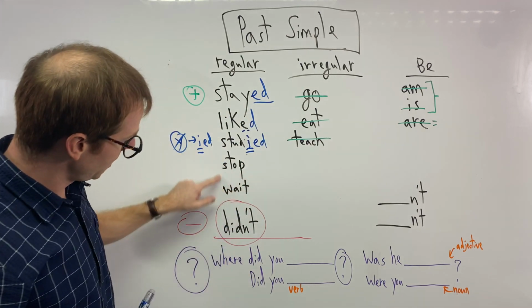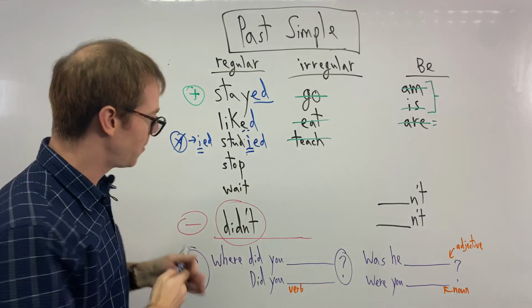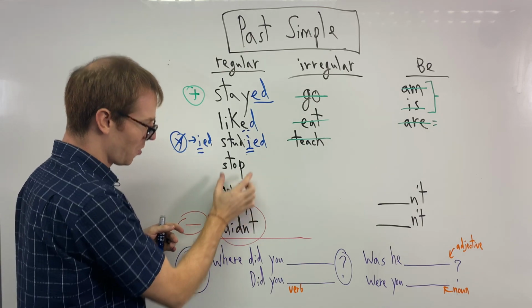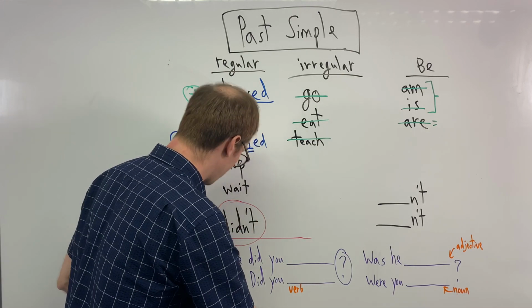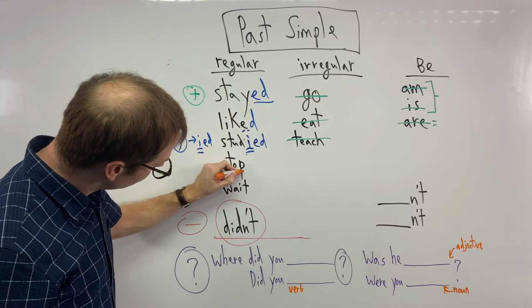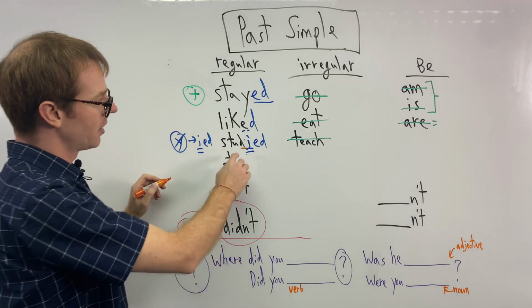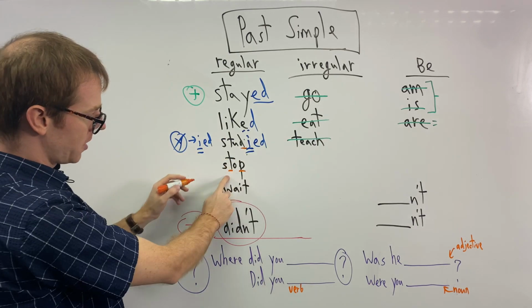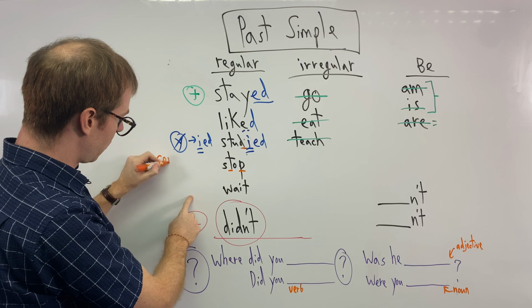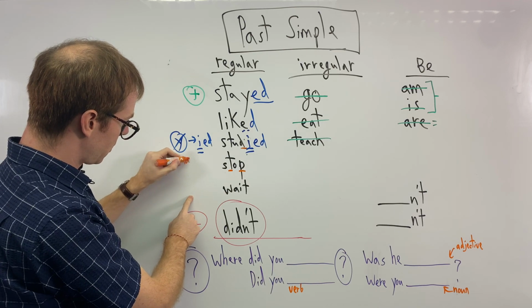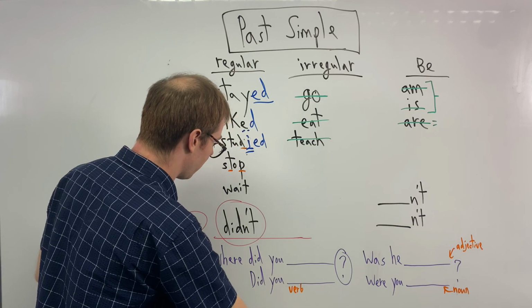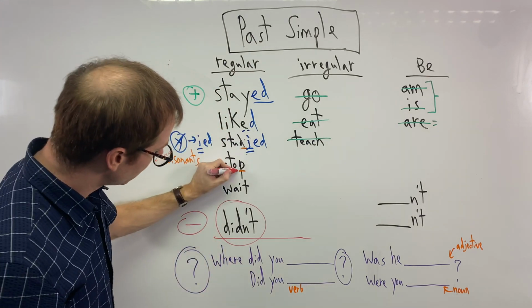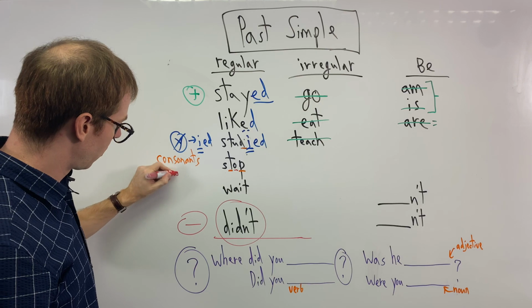Then these two, my students got very confused between these two ideas. If we see stop, this T, this P, those are called consonants. And this little guy in the middle, the O, is called the vowel.